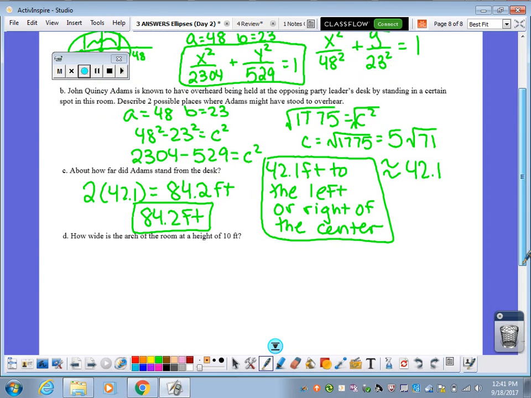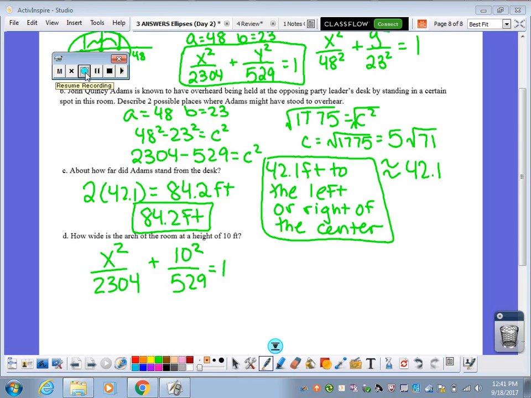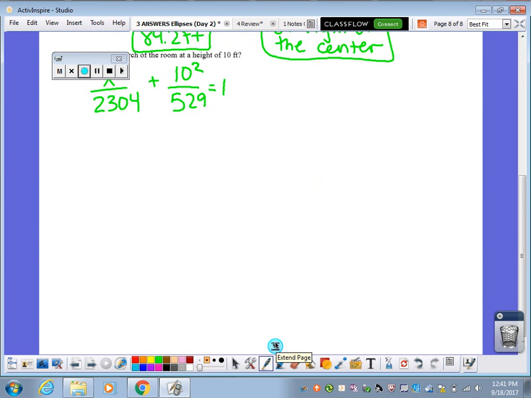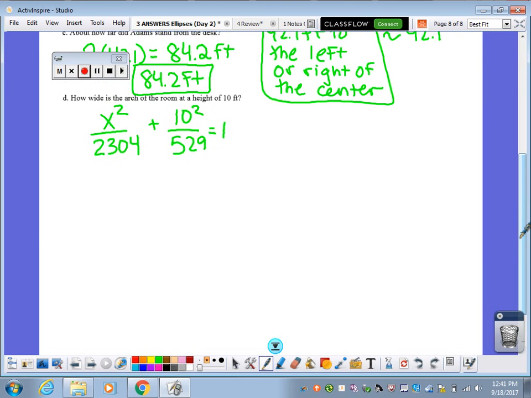So if we look at our original equation, we get x squared over 2,304 plus 10 squared over 529 is equal to 1. Now, like I said, you are going to get graphing calculators on word problems like this, so there's no need to worry about these large numbers. So, what this is equal to is x squared over 2,304 plus 100 over 529 is equal to 1.